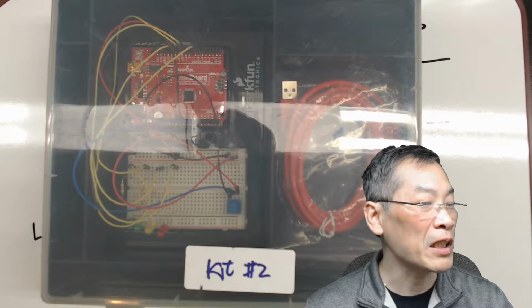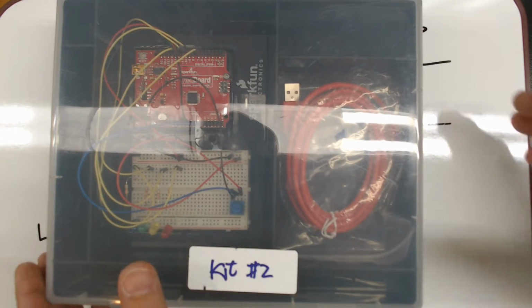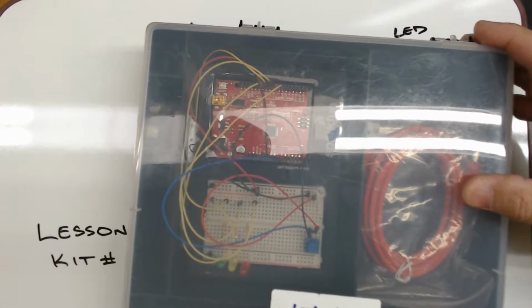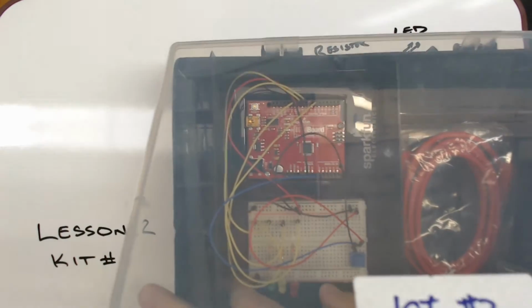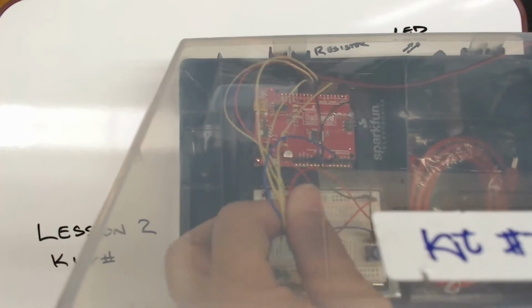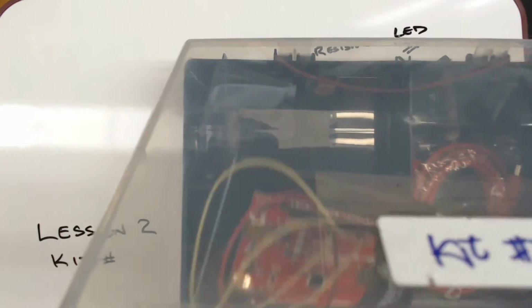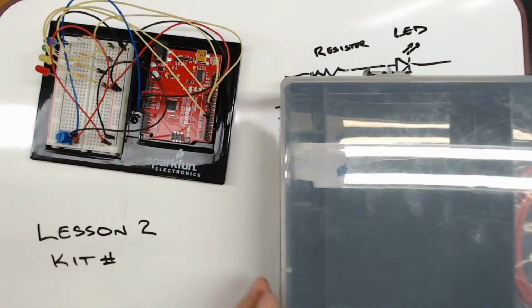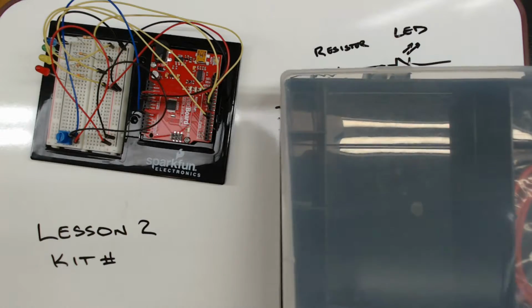If you pull kit number 2, what you'll see in the kit is the pre-wired SparkFun LED display. So everything's pre-wired for you. There's actually no other components in there that you can move around. But we'll have the same as Lesson 1.